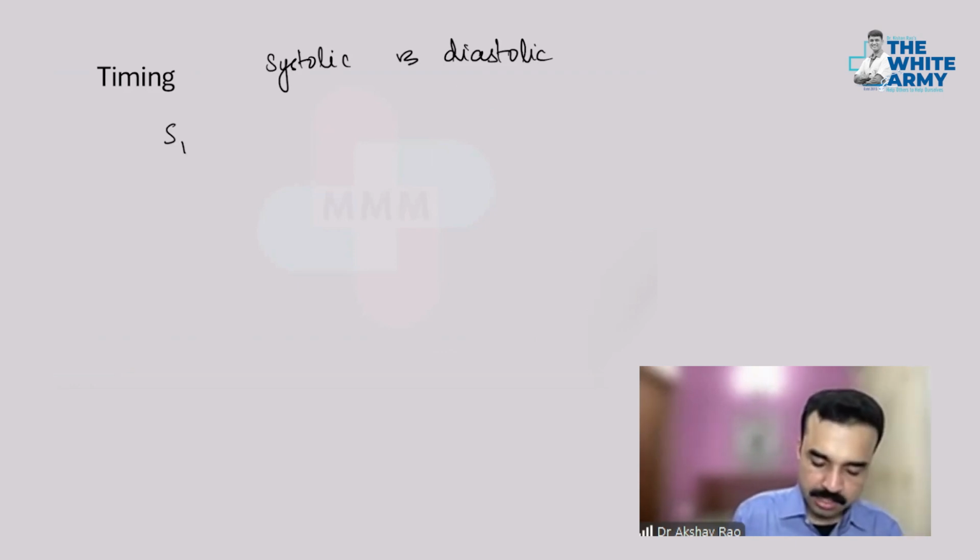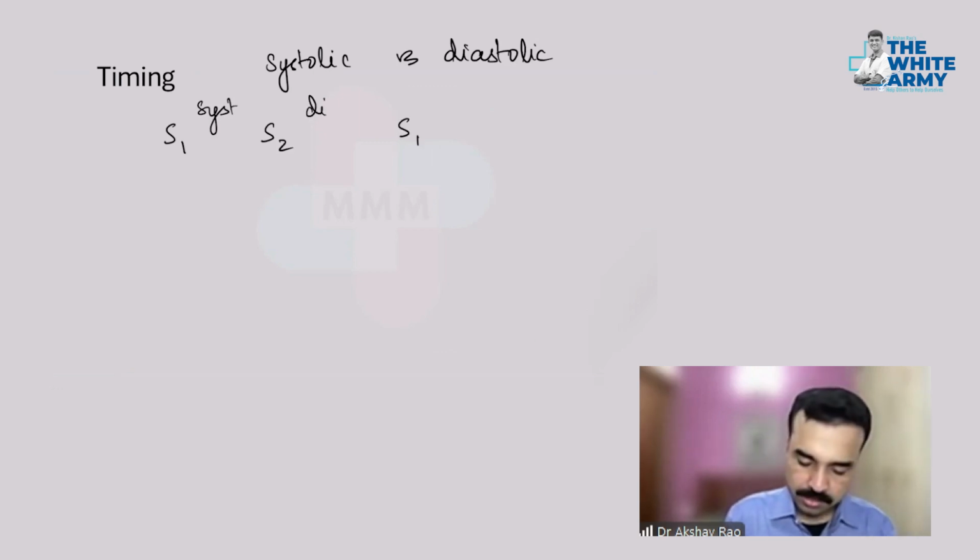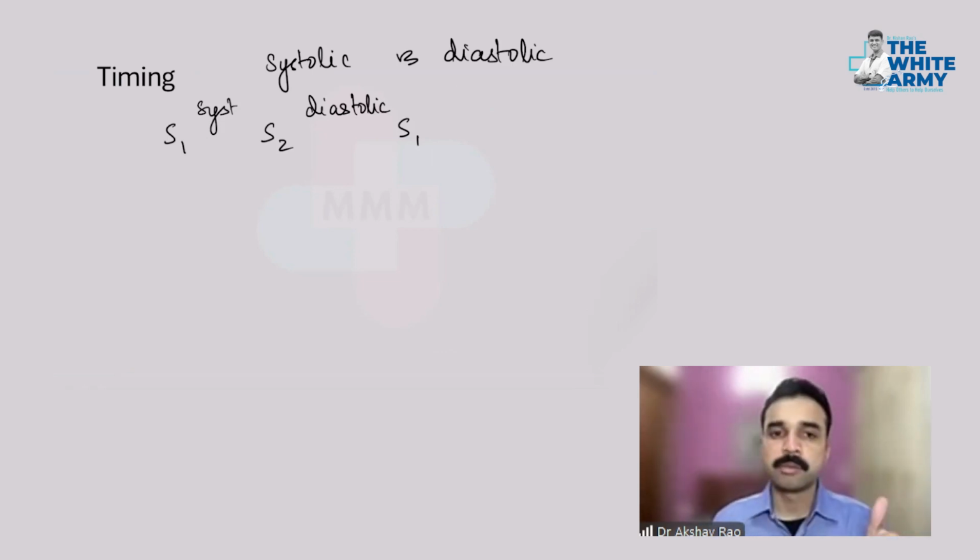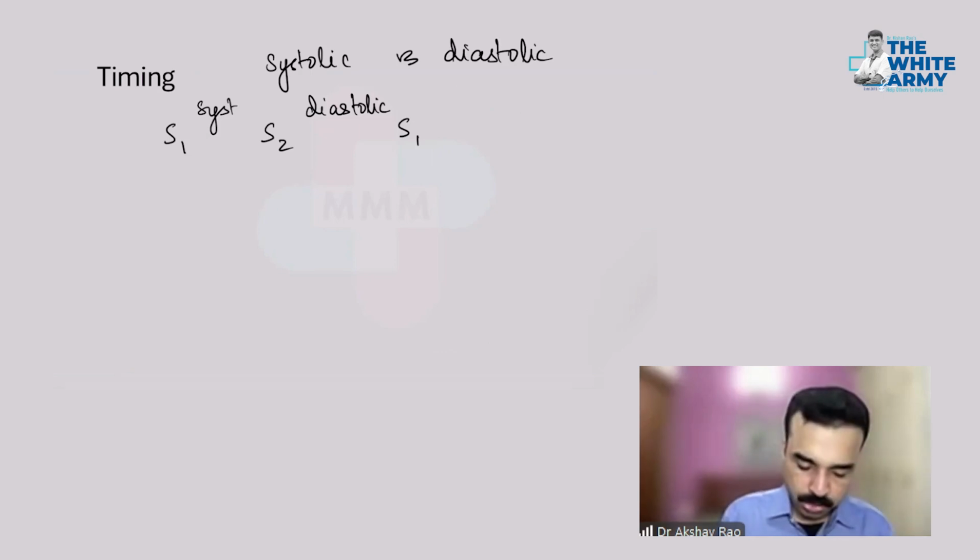Any murmur that occurs between S1 and S2 is systolic, whereas anything that occurs between S2 and the subsequent S1 is diastolic. For that, you should be able to appreciate the murmur, but also try and time when the murmur is coming. Is it before the S1, after the S1? How do you know when an S1 is happening? You're hearing two sounds. Lub dub. Which one is S1? Which one is S2? Whatever corresponds with the apical impulse or carotid impulse.